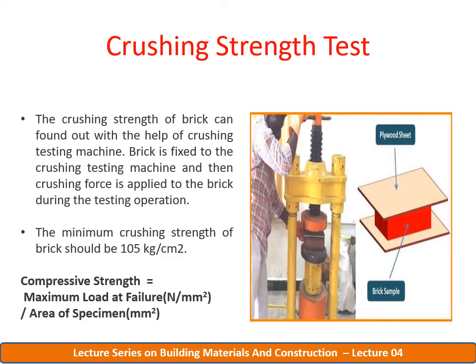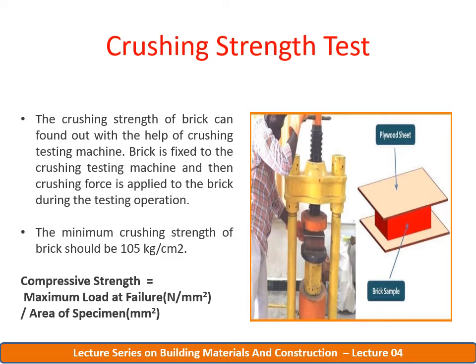The brick sample between the plywood sheets is carefully set in the center of the compression testing machine. Fix the gauge of the machine and tighten it, and start applying the axial load at a uniform rate of 140 kg per centimeter square per minute till failure.